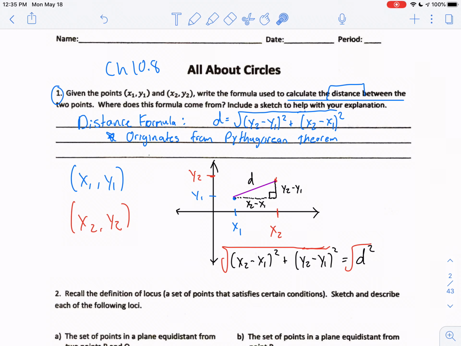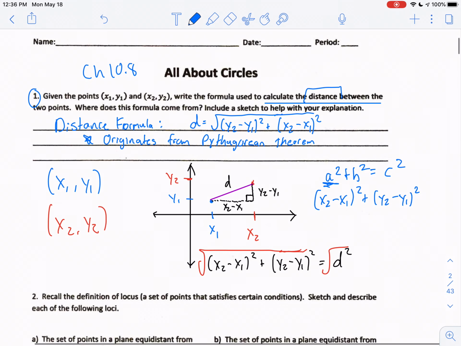So if we try to use Pythagorean theorem, you want to recall that a squared plus b squared equals c squared. My a right here is that x2 minus x1 squared, and that b is the y2 minus y1 squared, and that c is the hypotenuse.